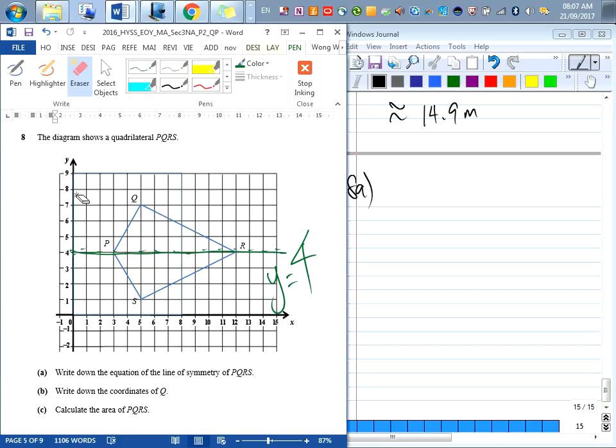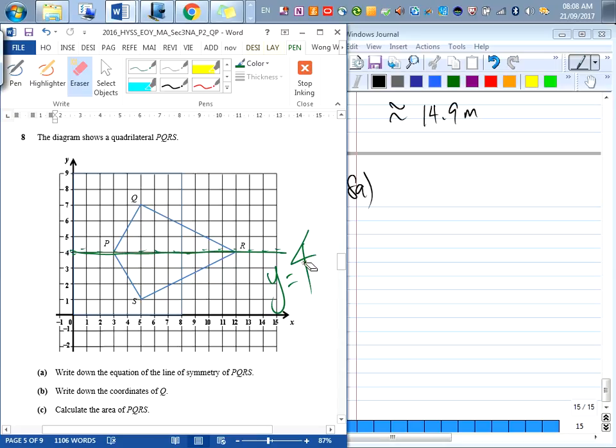What is your question? Sorry. No, I'm asking you to write y equals 4.